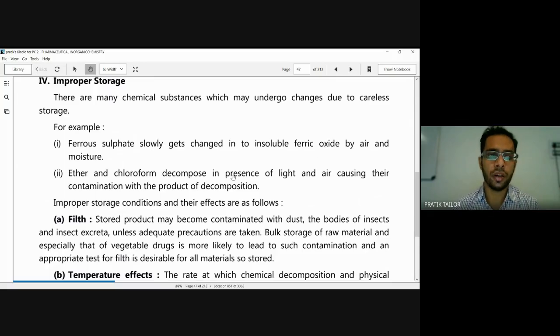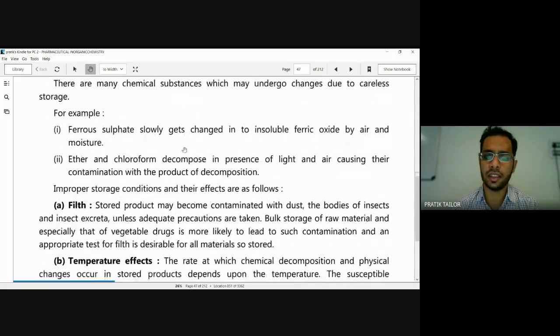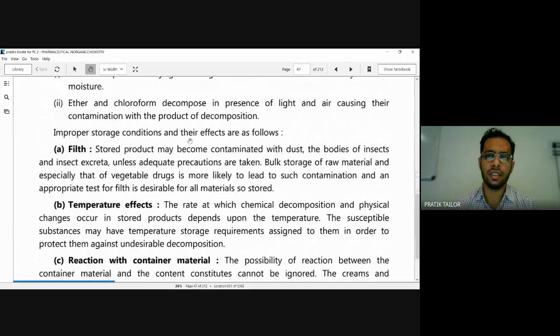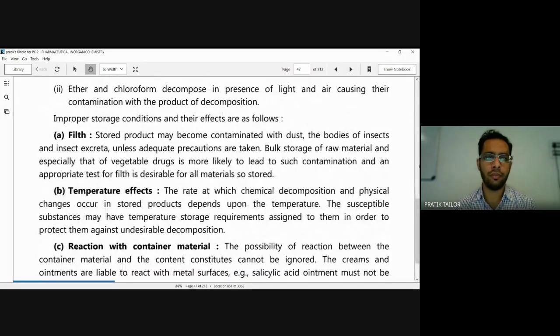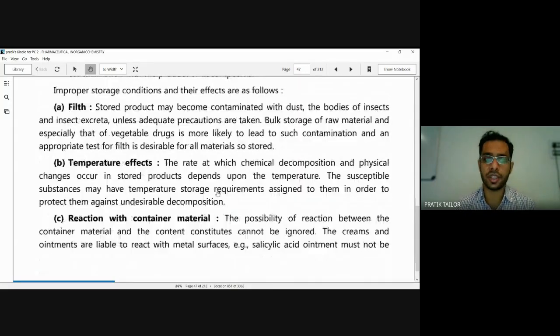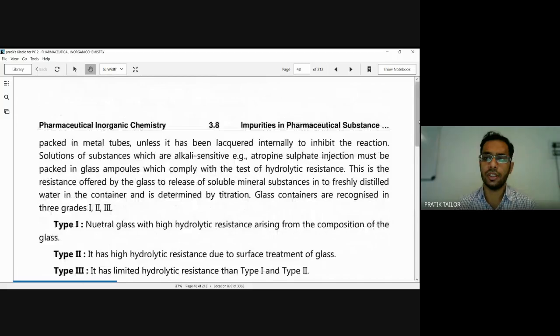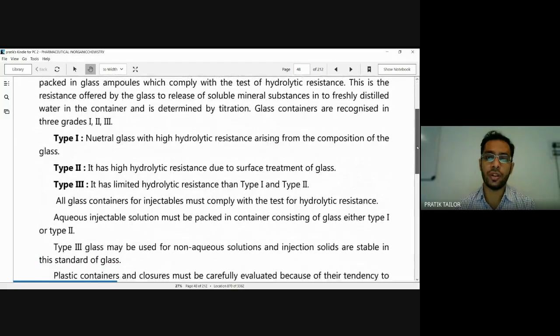Your filth, that is dirt, dust, some part of the insect, are coming into the vegetable herbal drug majorly. So these are also impurities. Temperature effect decompositions. So these are also impurities. Storage containers, what you are using.